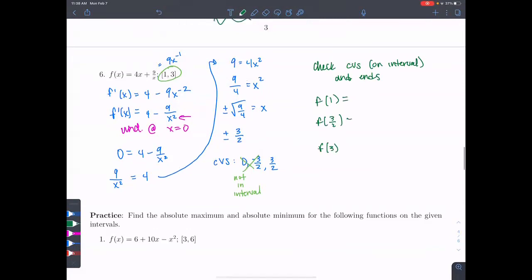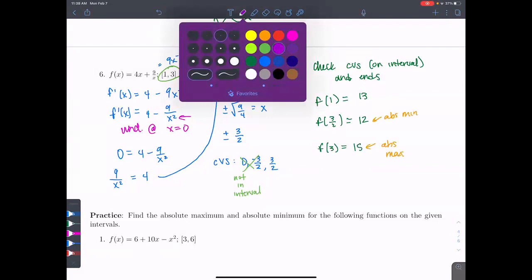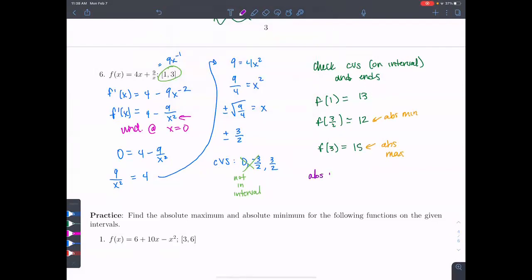And when you plug those into f, the original, this is 13, this one is 12, and this one is 15. So this is your absolute max. This is the absolute max. And this is the absolute min. So we have an absolute maximum at 3, 15 and an absolute min at 3/2, 12.